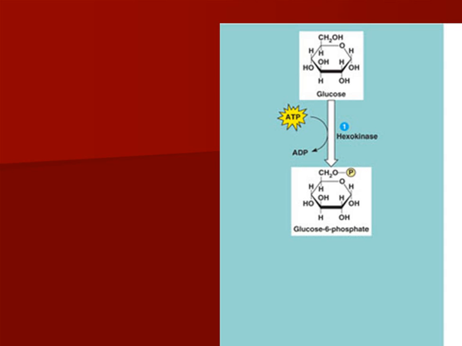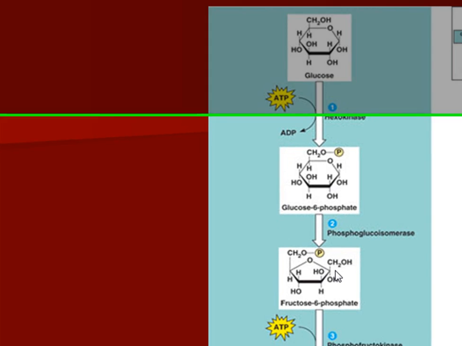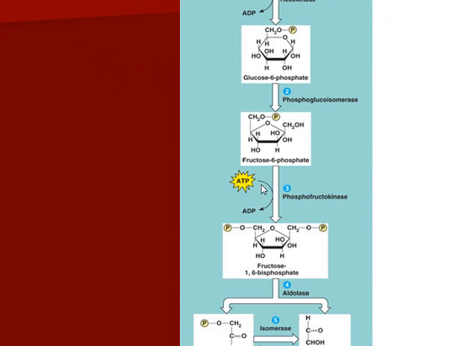We now have glucose 6-phosphate, which will go through an isomeric change with phosphoglucose isomerase and convert glucose to fructose. Fructose has the number 1 carbon on the outside of its chain, allowing for the next ATP molecule to come in and phosphorylate it. When this happens, there is another enzyme that splits the two in half. As you can see, a very easy line can be drawn right here.